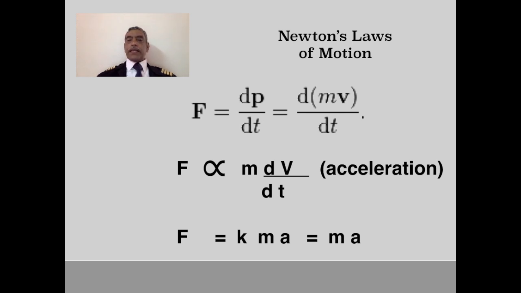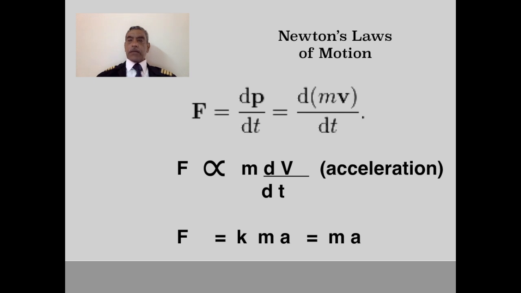dv upon dt, which is called the acceleration. That's what we want to define by this particular law. So F is proportional to mass into dv upon dt, which is called the acceleration.